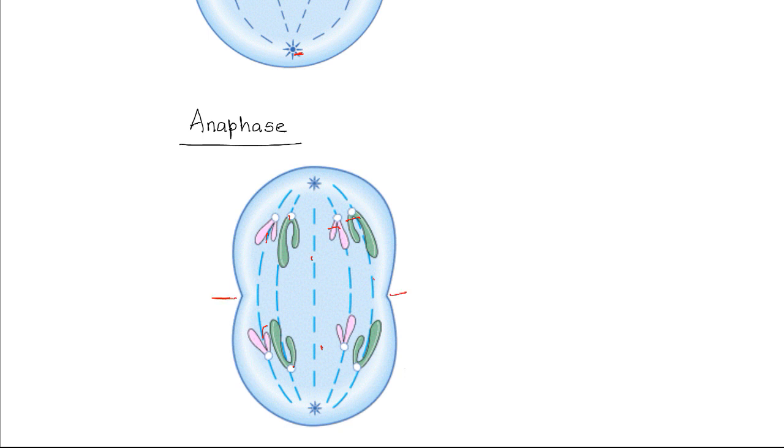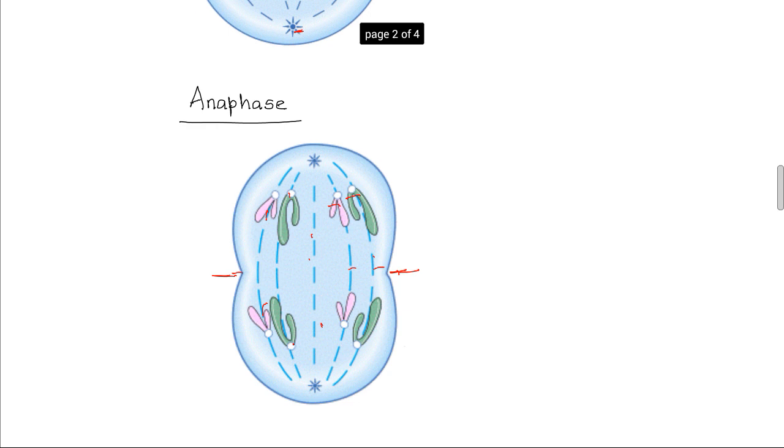You can see the constriction here towards the end of the anaphase. You can see this constriction begins at the center. That is, towards the end of anaphase, the cell membrane begins to constrict in animal cells, while at the same time the spindle fibers, after having shortened, begin to disappear towards the end of anaphase.